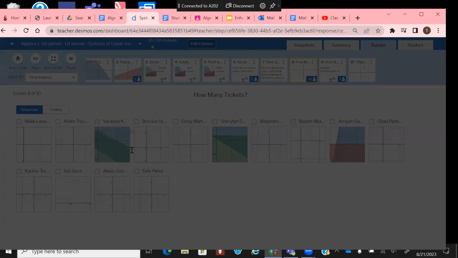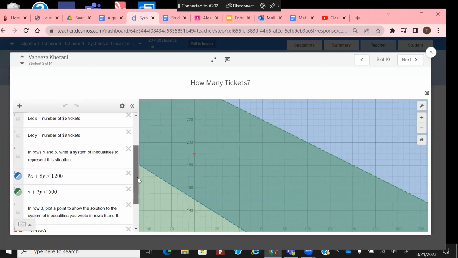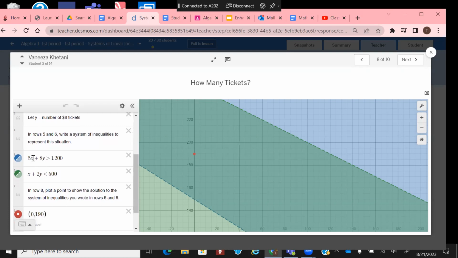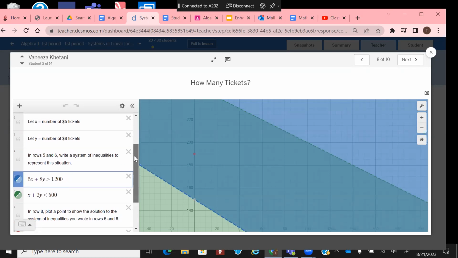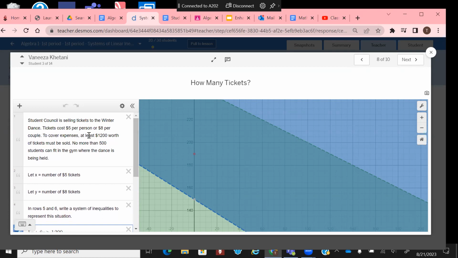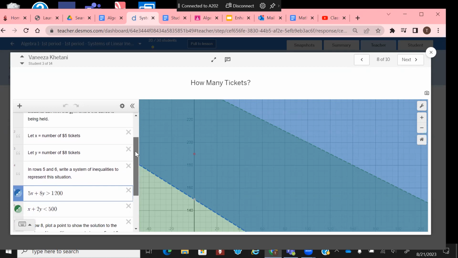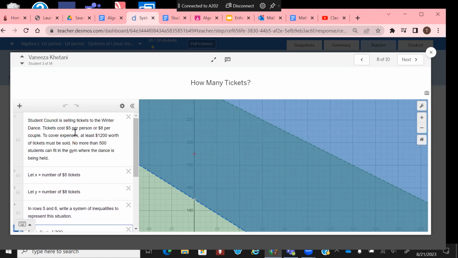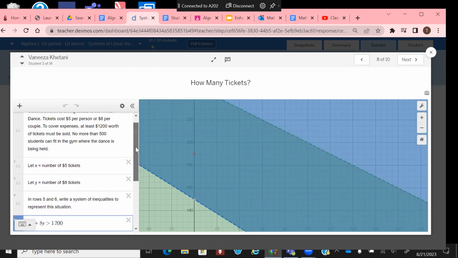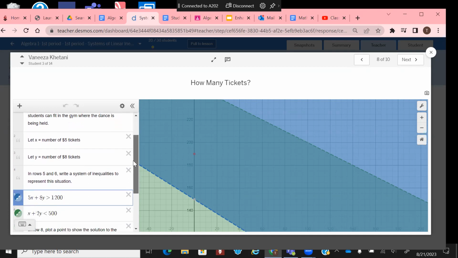All right, I'm going to use this one. So this person said 5 times X plus 8 times Y is greater than 1,200. Okay, so they needed to sell at least $1,200 worth of tickets. So does that work out? Yeah. What about no more than 500 students can fit in the gym?